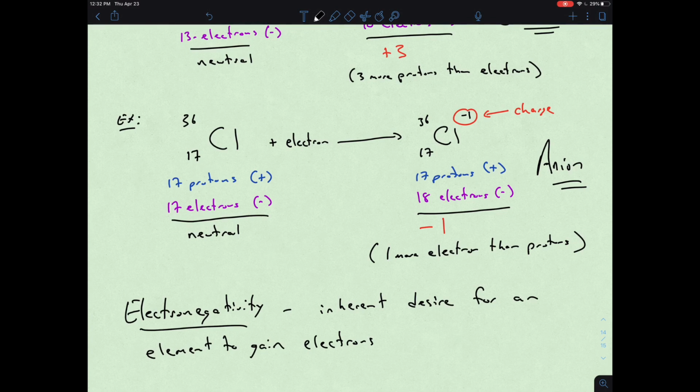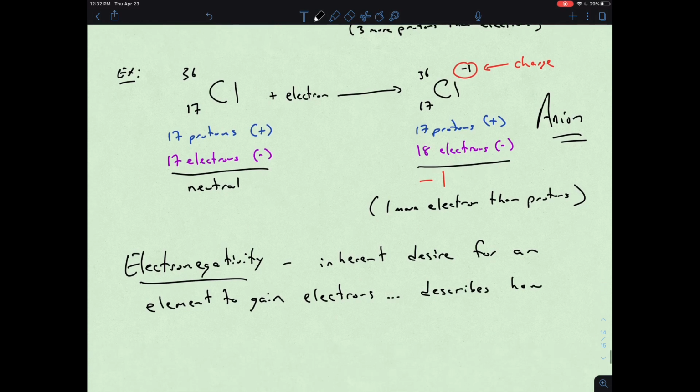And this basically describes how bonding begins to occur, or bonding between elements.